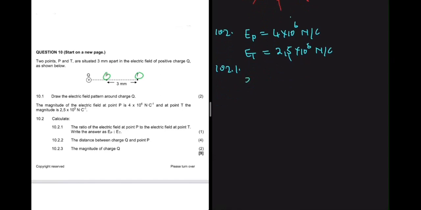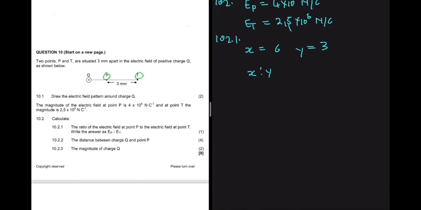Let's say we had X is equal to 6 and Y is equal to 3, and we're saying let's find the ratio X is to Y. In place of X, you put in 6, and in place of Y, you put in 3, right? But then you can see that you can divide both sides by 3, and if you do that, you're going to get 2 is to 1, and that's the ratio of X to Y.